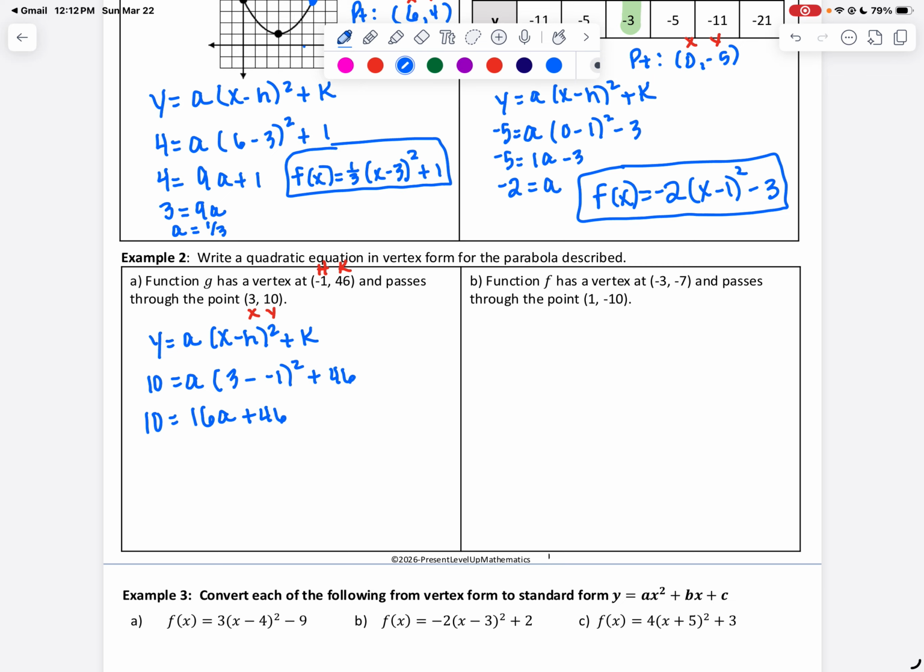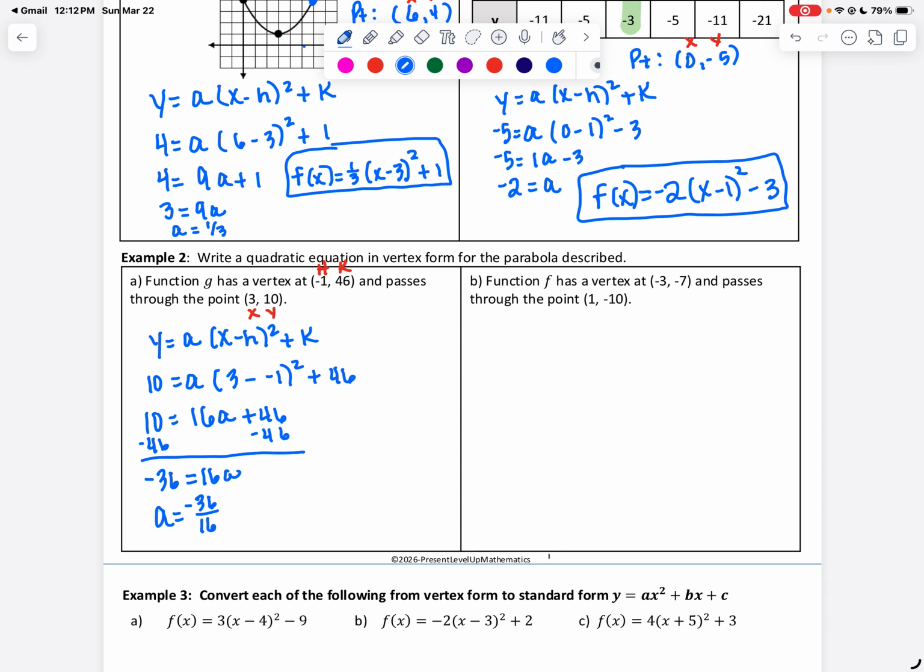All right, subtract 46 from both sides. So -36 equals 16a. Divide both sides by 16. So a equals -36 divided by 16. Now I can reduce that.